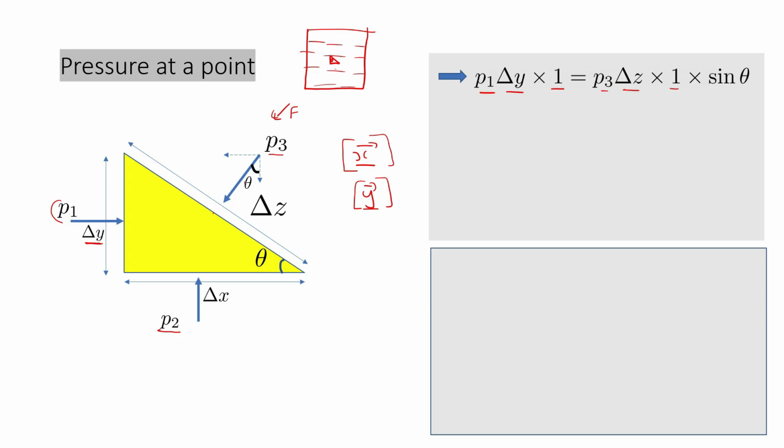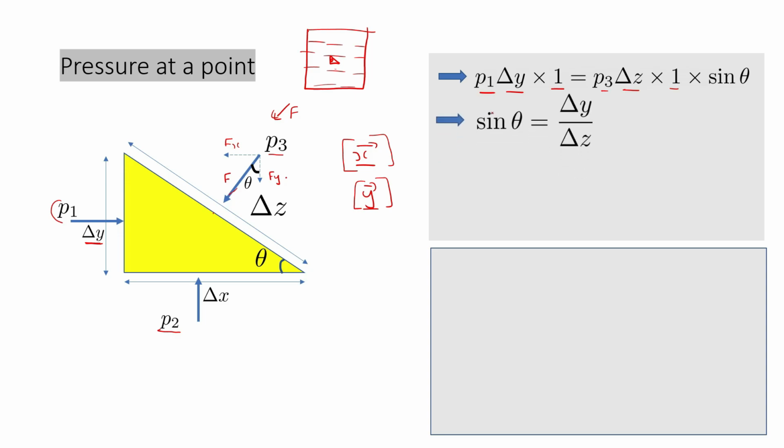If you resolve this force, so this force is in this direction, this is Fx and this is Fy. So Fx will be equal to P3 into delta z into 1 into sine theta. And Fy will be equal to P3 into delta z into 1 into cos theta.